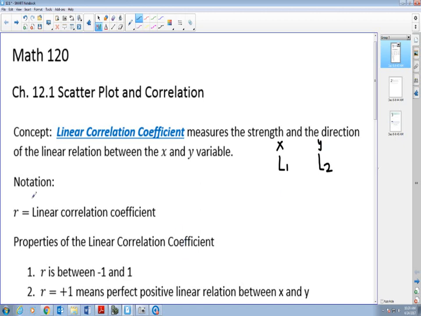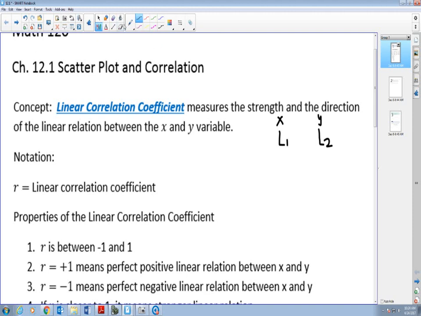So the linear correlation coefficient measures the strength and the direction of the linear relationship between the two variables. The notation that we're going to see for the linear correlation coefficient is abbreviated as R.